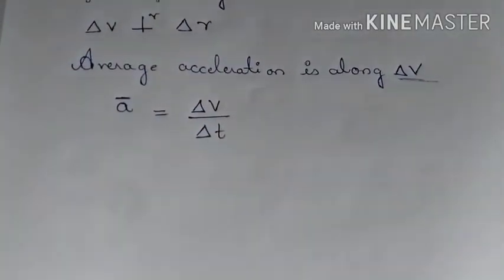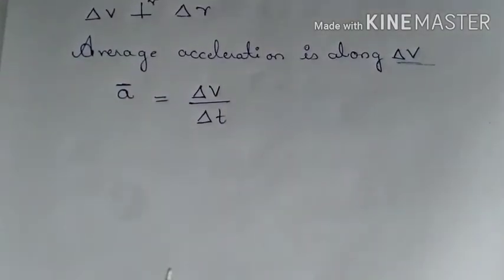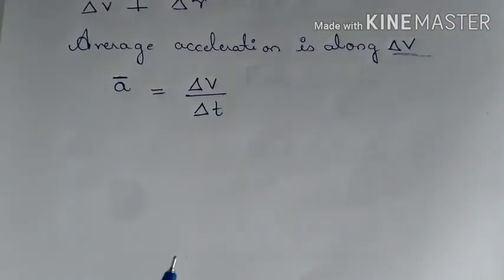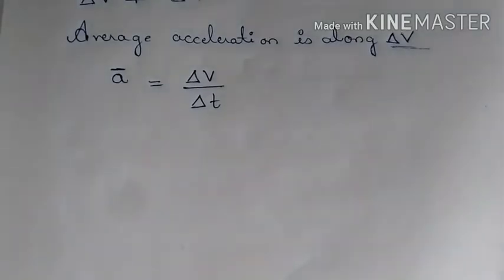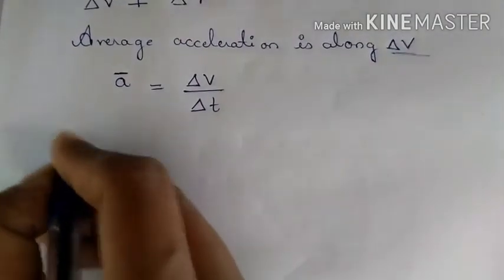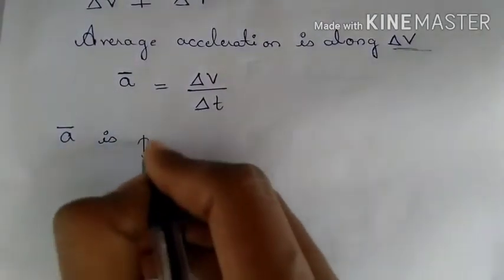That is the change in velocity with respect to time. So average acceleration is again perpendicular to delta R.